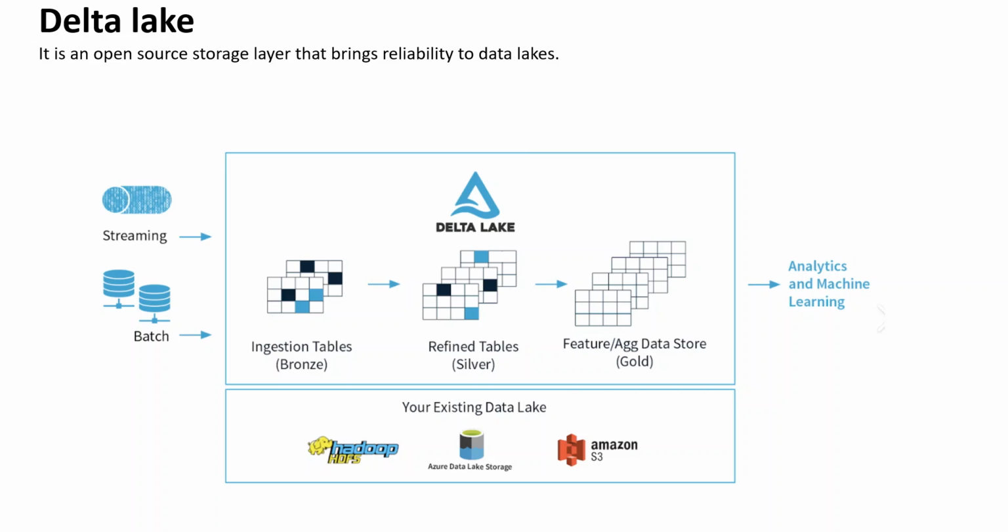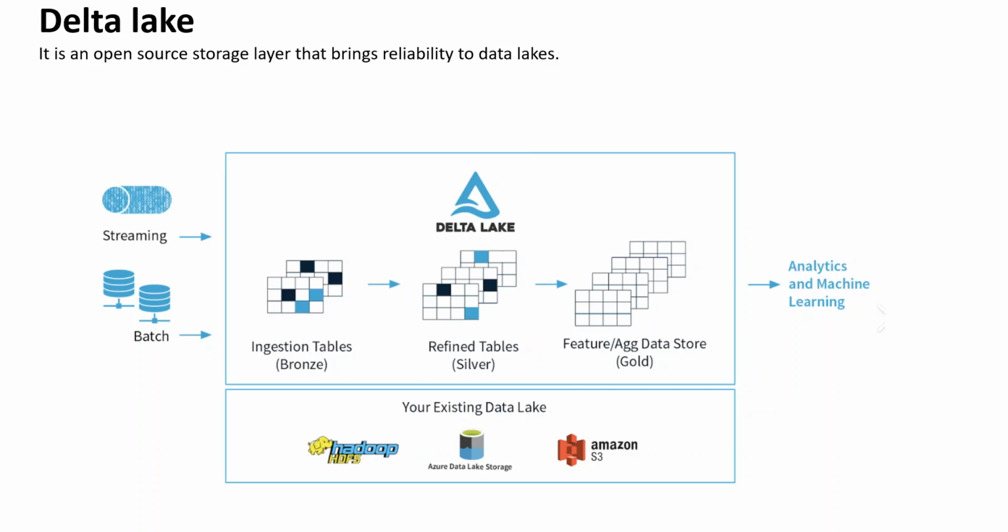As you can see in the slide, we can store the data as it is from the source systems, that is nothing but ingestion tables. Then the next step in data engineering is cleansing the data and storing it in the refined tables by applying the business logic.